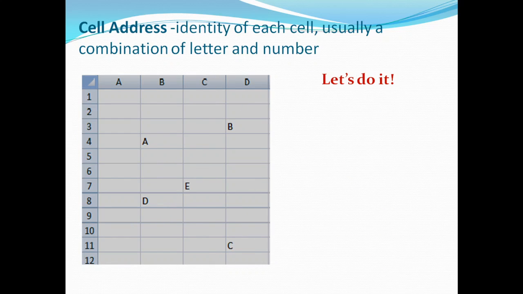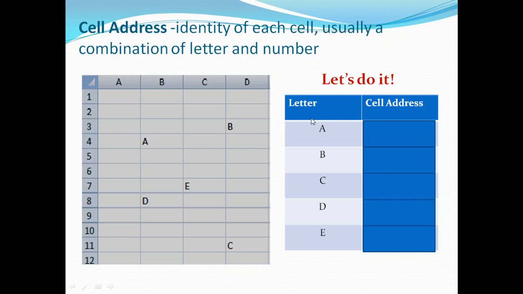First we will start with letters. This is the column and these are the rows, the numbers, but we will identify where each letter is located and what the cell address of these letters is. So first is A. What is the cell address of this alphabet? A is B4, and alphabet B is D3.